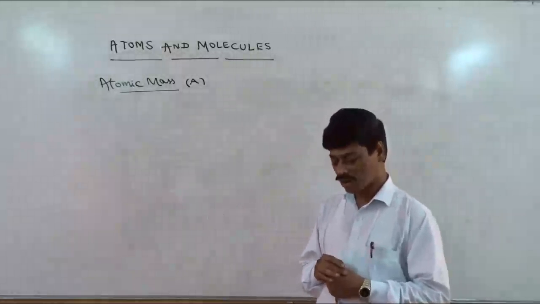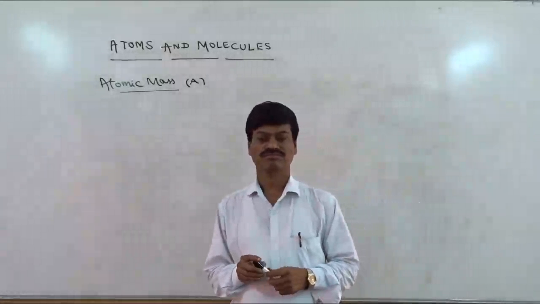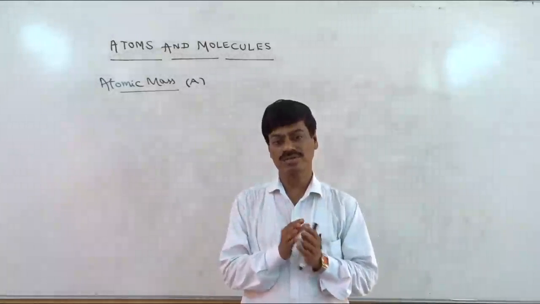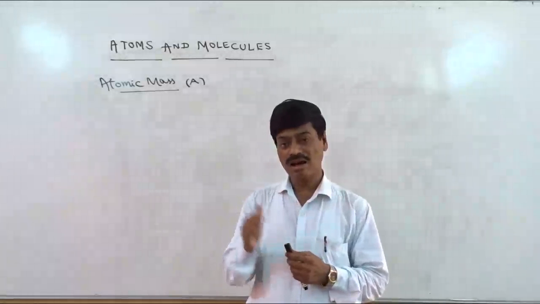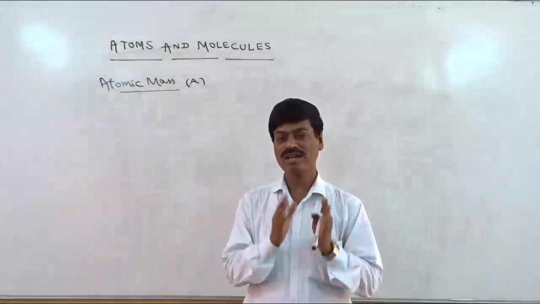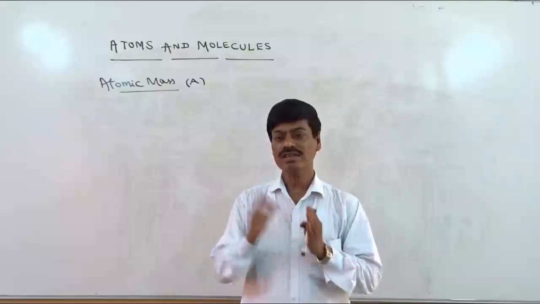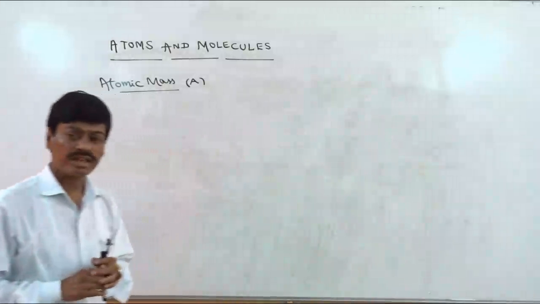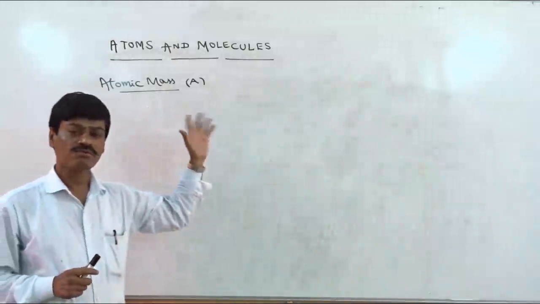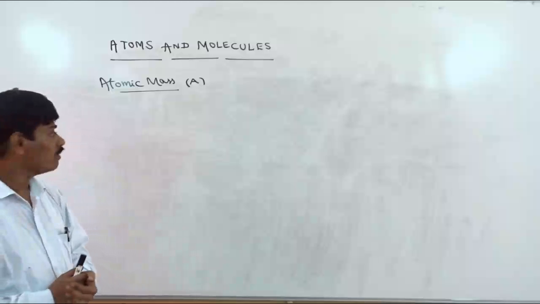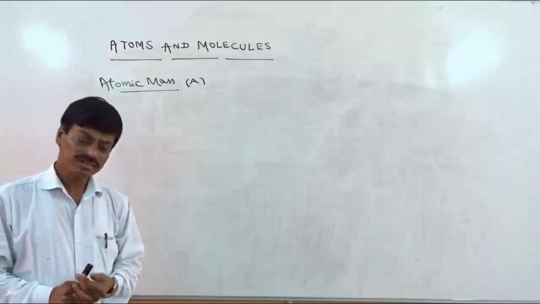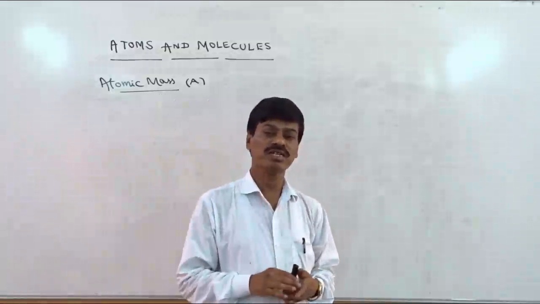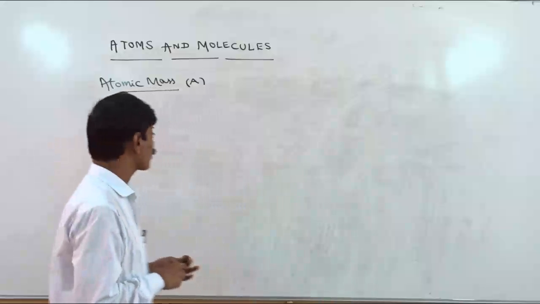For example, if I want to purchase 5 kg sugar, it is 5 times the mass of 1 kg sugar. Here we are comparing 5 kg with 1 kg. Similarly, in the case of atomic mass, how is it calculated, and what is the standard with which it is compared? Let us see.